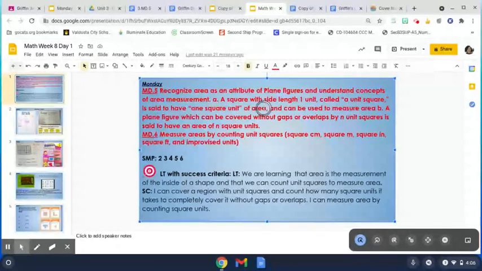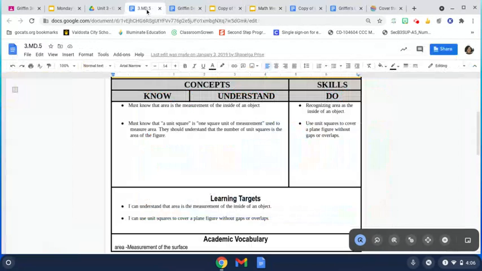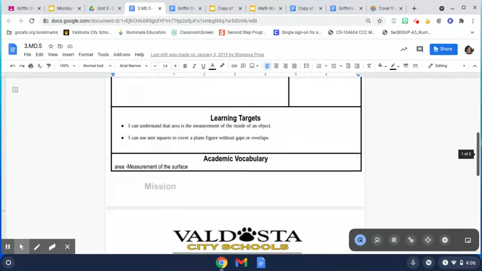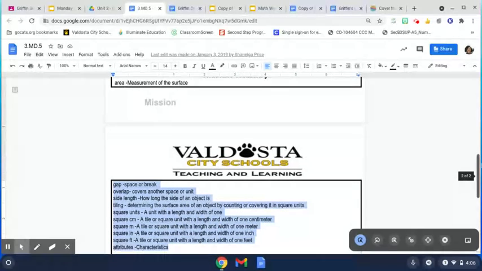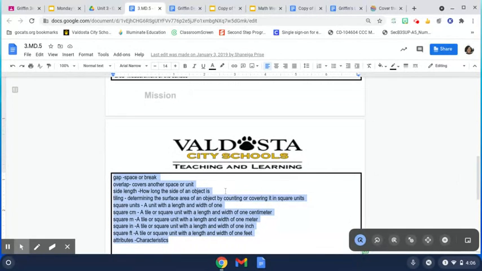A square with side length 1 unit is called a unit square. Side length is how long the side of an object is.